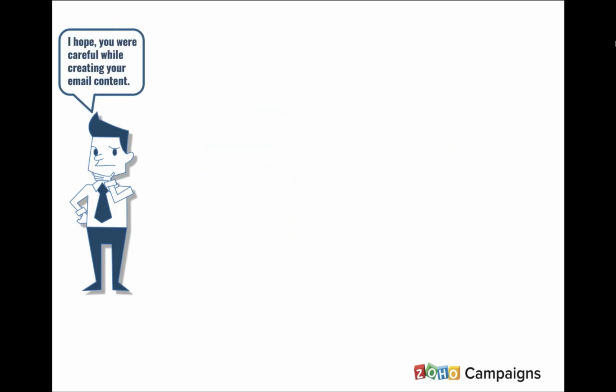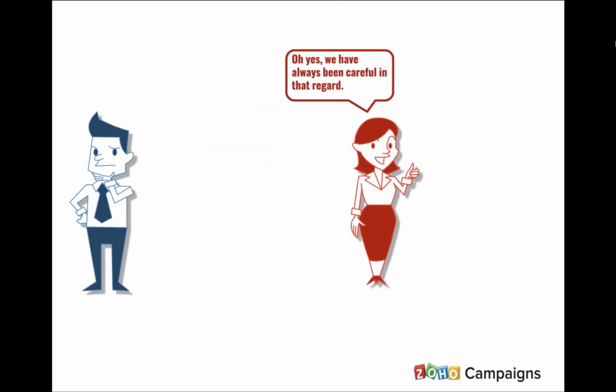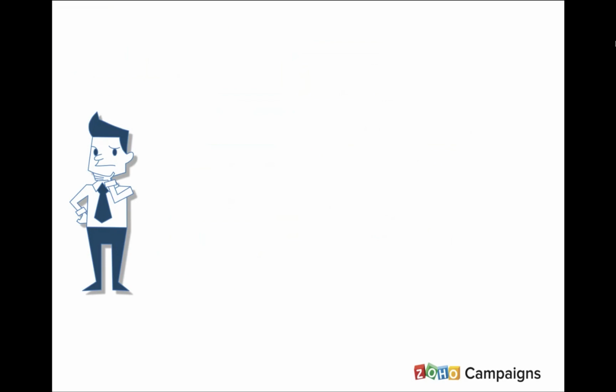John asks whether Zilker Fashions has been careful regarding their email content, to which Jane replies that they have been careful in this regard. It's good news then, if they have been careful with their content. Now, what does John have to say?